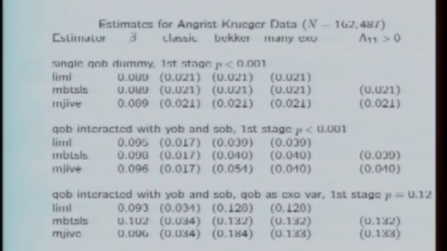That cannot be done for LIML because LIML is not consistent in that setting. And finally, if we allow for a direct effect of quarter of birth, it turns out that taking account of the many instruments in that case shows that there's not enough precision in the data to estimate things precisely enough.